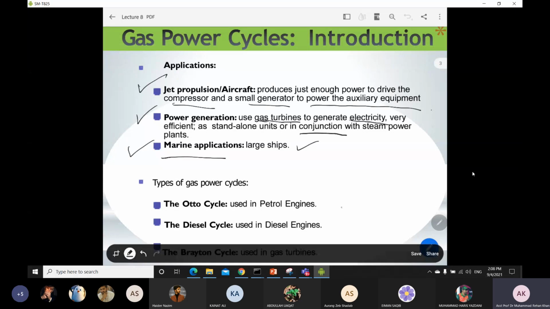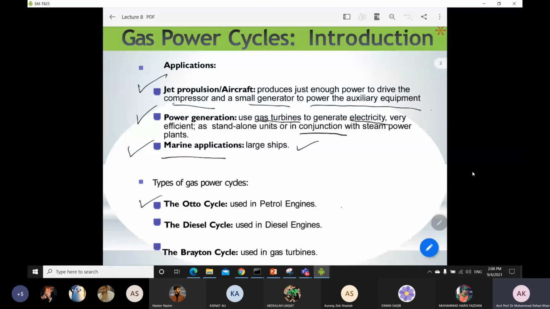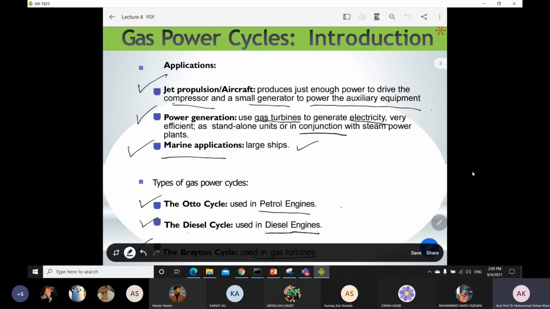Then there will be different types of gas power cycle. The basic one is the Otto cycle, which is used in petrol engines. There is the diesel cycle, which is used in the diesel engine. Then there is the Brayton cycle, which is used in the gas turbine. There will be two more, which we will discuss later on.